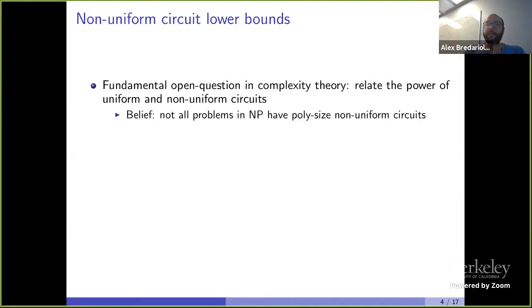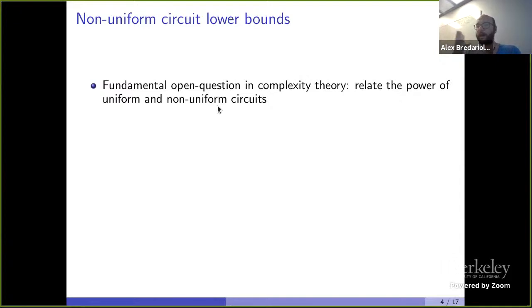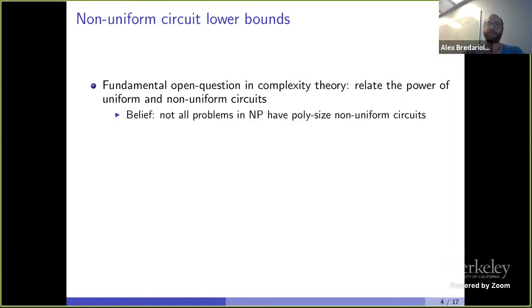In particular, we believe that non-uniformity adds some weird power, but a lot of people believe that it does not add too much power. So for example, we believe that there is a problem in NP that does not have a polynomial size non-uniform family of circuits.